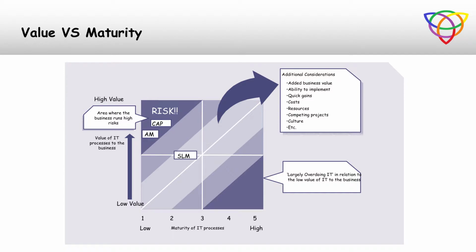The screen in front of you now is a very simple example of what we call value versus maturity. Processes that have high value and high importance to you as a service provider organization should be mature. But those processes that you are not utilizing, processes that are not particularly important to you as a service provider organization, well, I'm not saying that they shouldn't be there, but they don't necessarily need to be as mature.